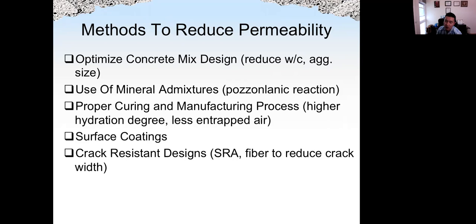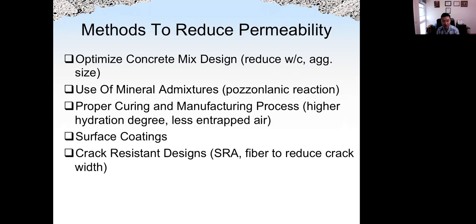We can use pozzolanic materials that will increase the strength of concrete and also reduce the permeability due to pozzolanic reaction. We can use proper curing and manufacturing process so that will increase the degree of hydration, reduce the entrapped air, so that will reduce the porosity and reduce the permeability.